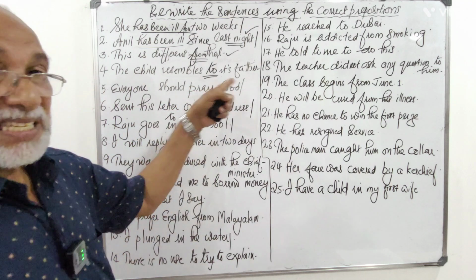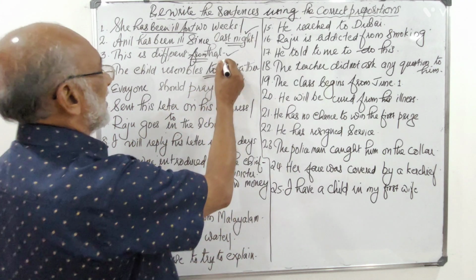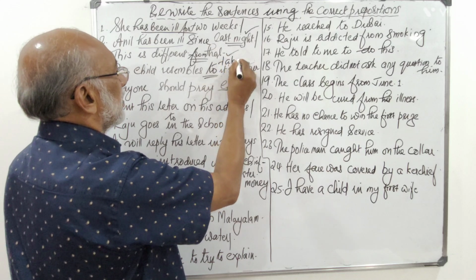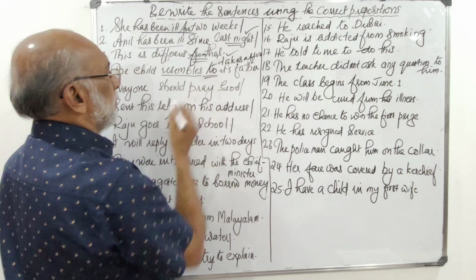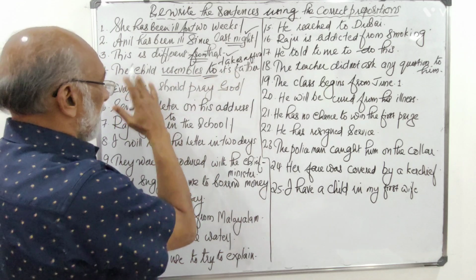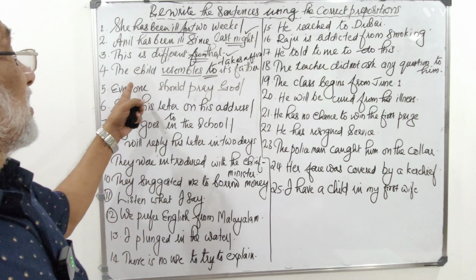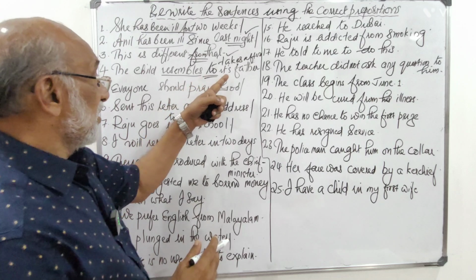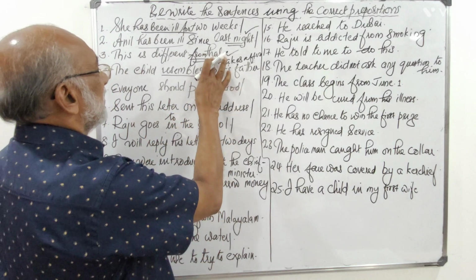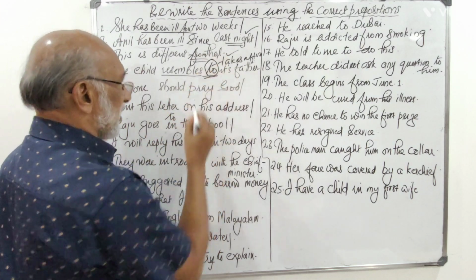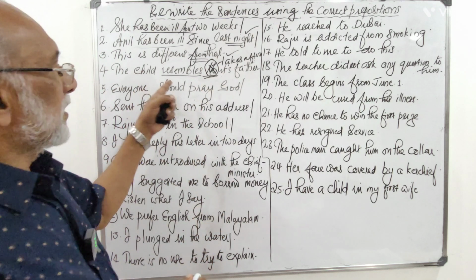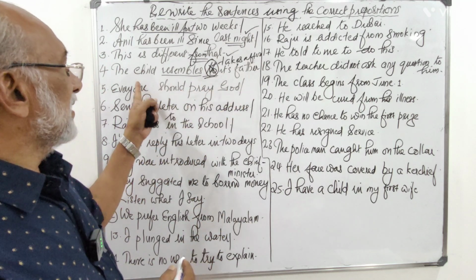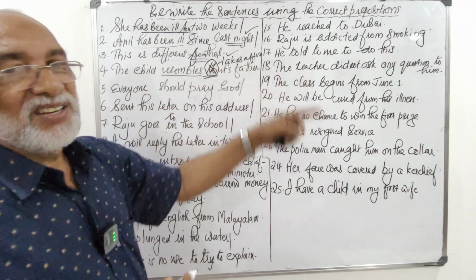That's also a correct expression. Takes after for resembles. Both are right. Either you have to say the child resembles its father. Actually, this to is to be removed. That's not needed. Or you can say the child takes after its father.